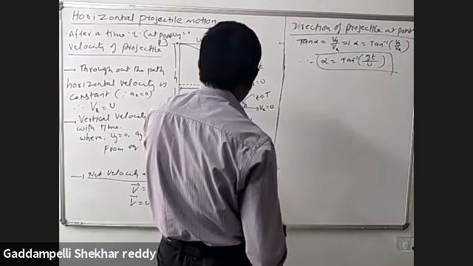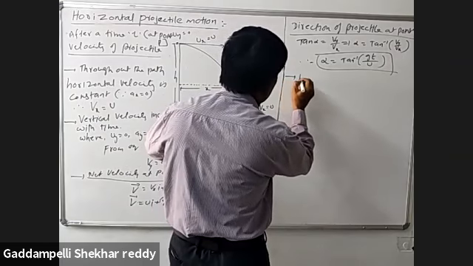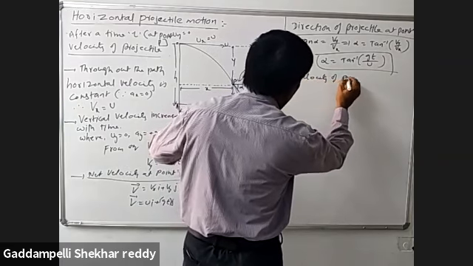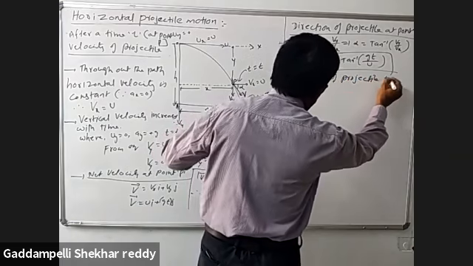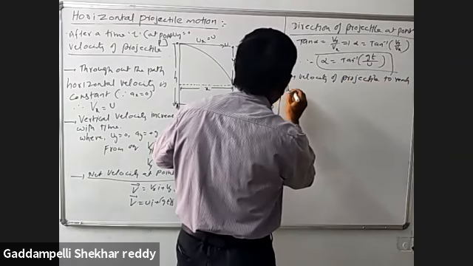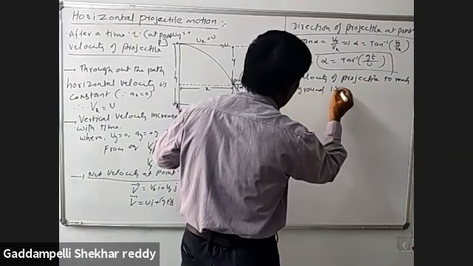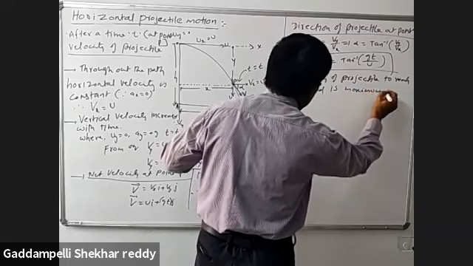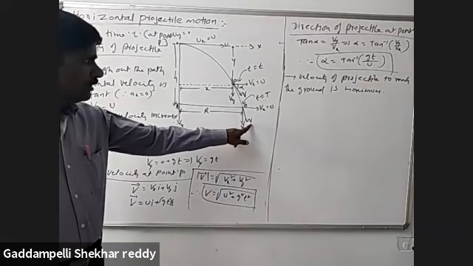So next point. The velocity of the projectile to reach the ground. Ground is at maximum height h. So how will this be?